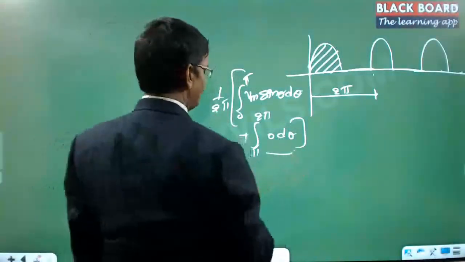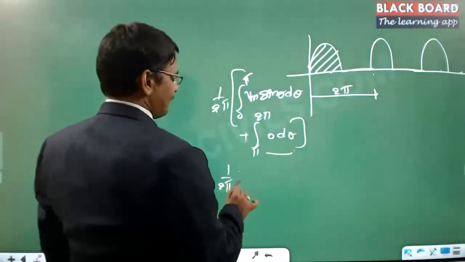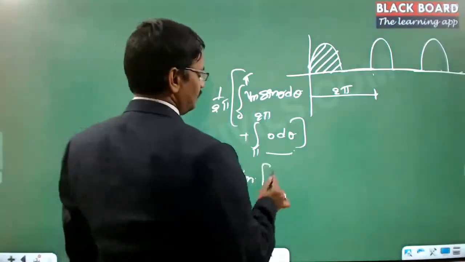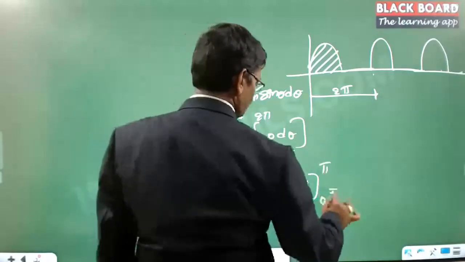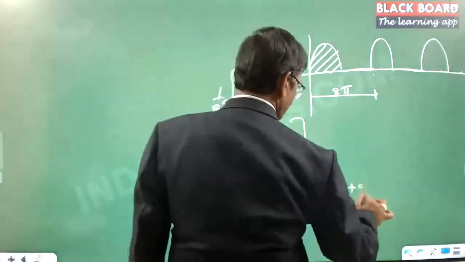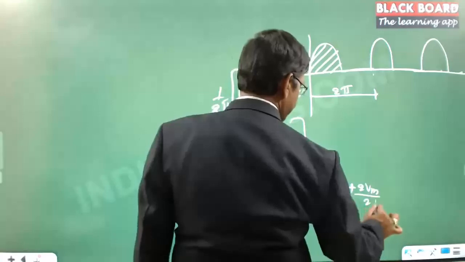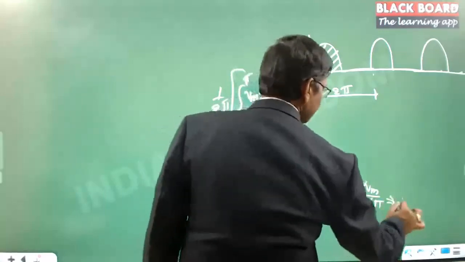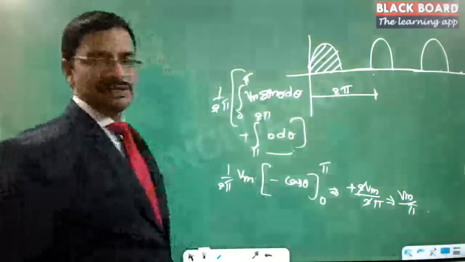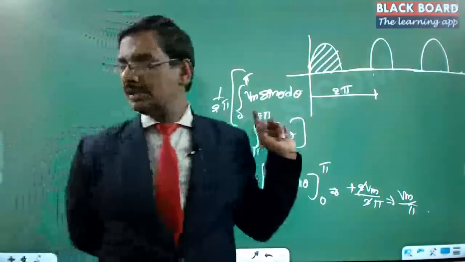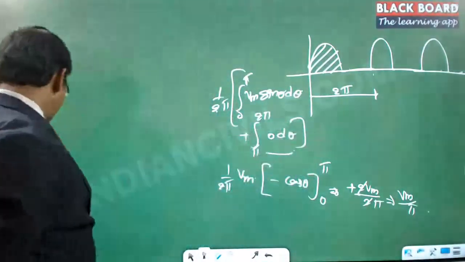This is 0. Hence 1 by 2 pi and Vm into minus cos theta, upper limit is pi, lower limit is 0. So this is plus 2 Vm by 2 pi. So these two will cancel. So this is Vm by pi. This is in the case of the half wave rectifier. So only the period got doubled, but essentially the area is the same.